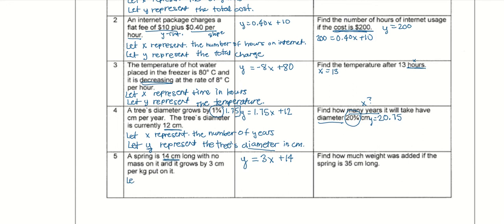So we're going to say let x represent, it does tell you here per kilogram put on it. So we can say the weight placed on the spring.